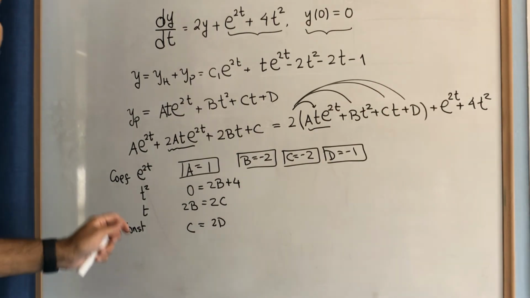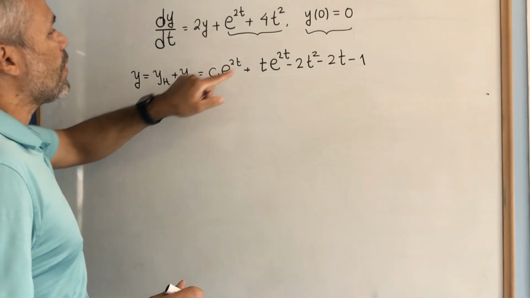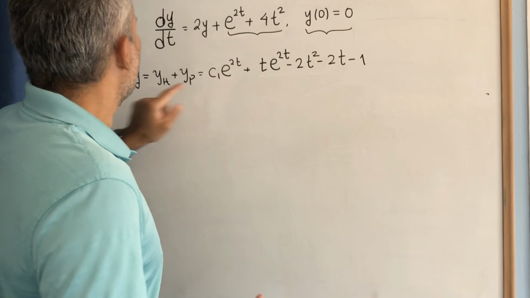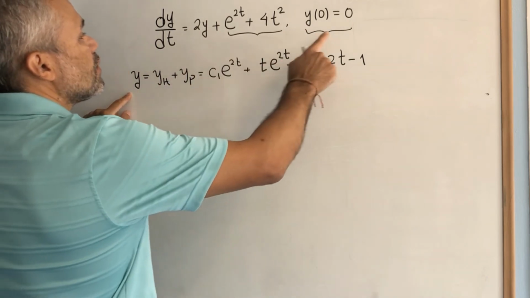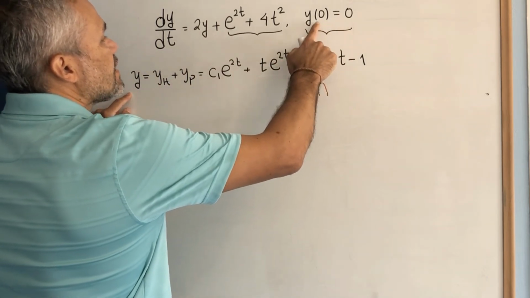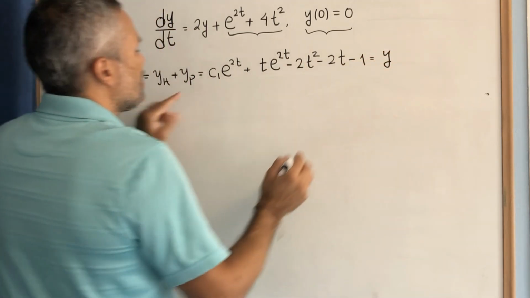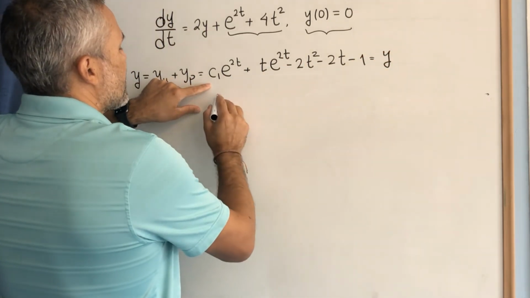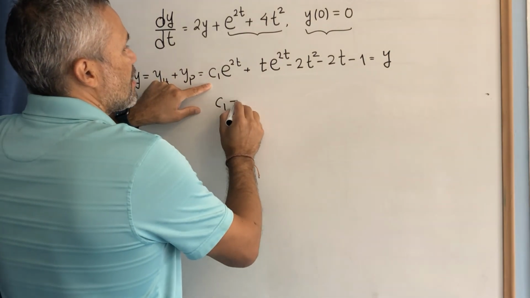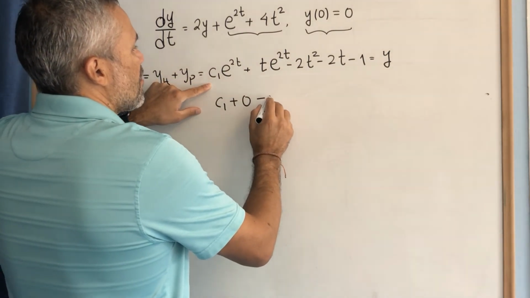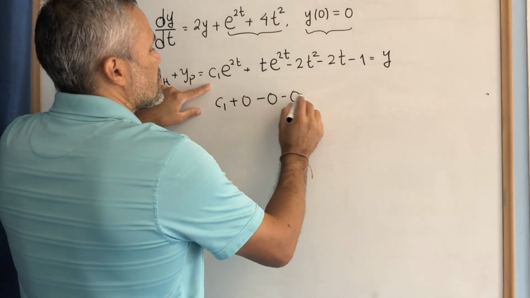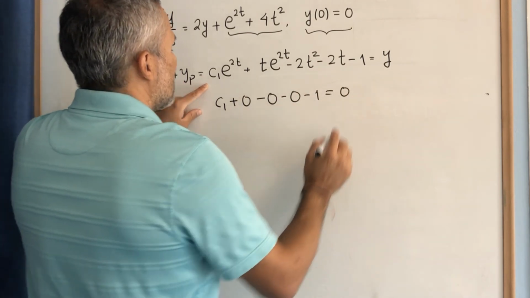Let me erase this part. We want this function, the general solution, to be 0 when t equals 0. Then by replacing, remember this is the general solution, I'm going to replace t by 0 here. I get c1 plus 0 minus 0 minus 0 minus 1 equals 0.